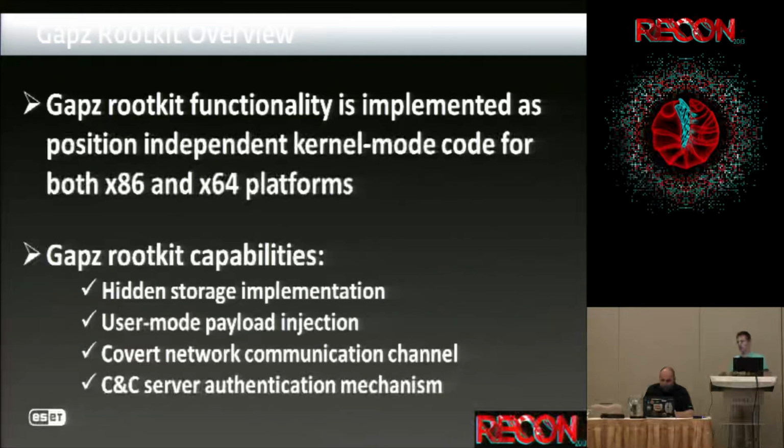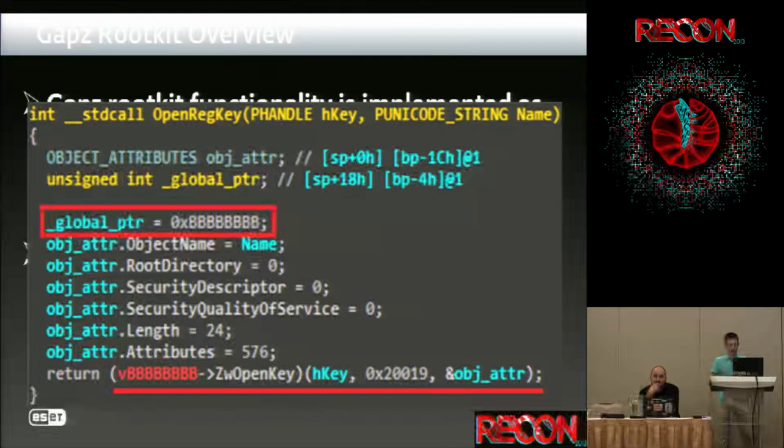The rootkit functionality is implemented as position-independent code, which is available for both 32 and 64-bit operating systems. And here is how it is implemented. There is a global context, which is allocated at the very beginning of the initialization of the bootkit. And there is a hexadecimal constant, BBB, which is substituted with the pointer to this global structure during the initialization.